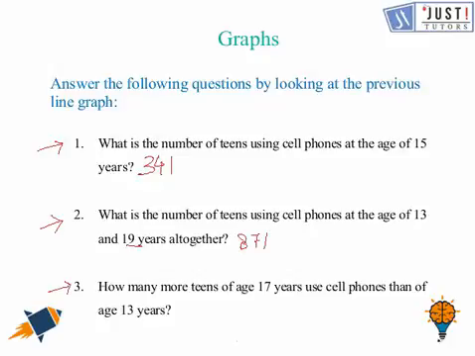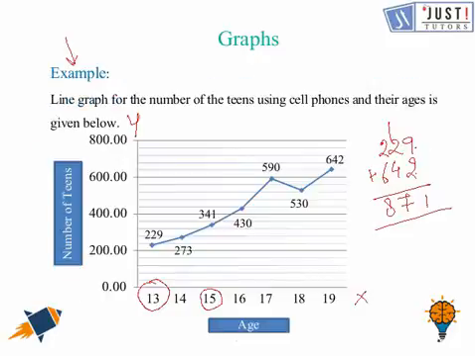Now the next question says, how many more teens of age 17 years use cell phones than age 13 years? At the age of 17, that is 590. This one is at the age of 16, which is 430. In this way we can check that this is right.